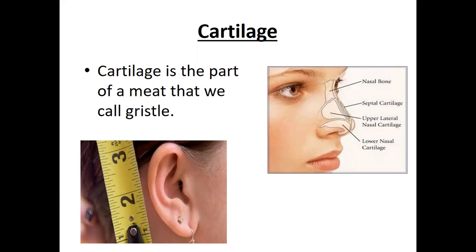In simple words, you can say that cartilage is a very soft bone. If you touch the tip of your nose, you feel that there is a very soft bone that may bend. Or if you touch your ear, you feel that there are soft bones. Actually, these bones are known as cartilage.